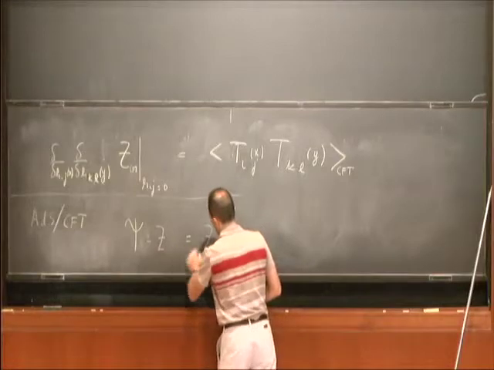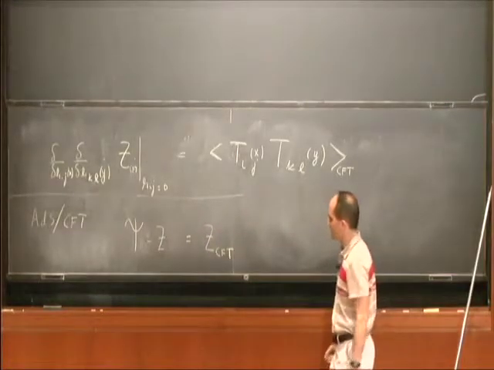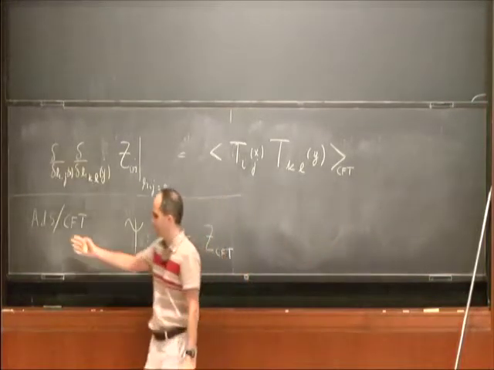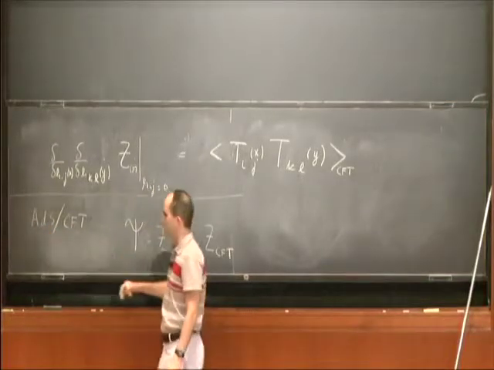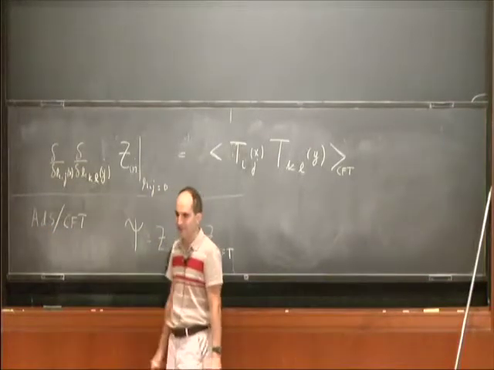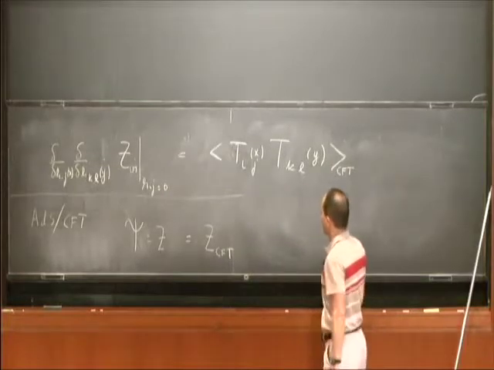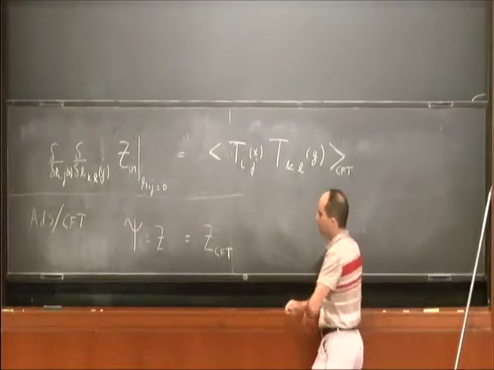And there are some examples of this relationship that involve concrete AdS compactifications of string theory and concrete conformal field theories on the boundary. Okay.